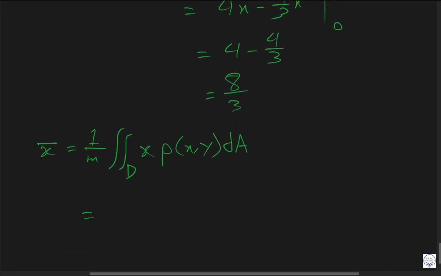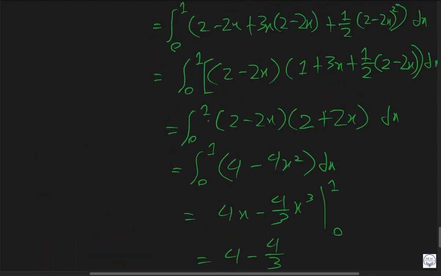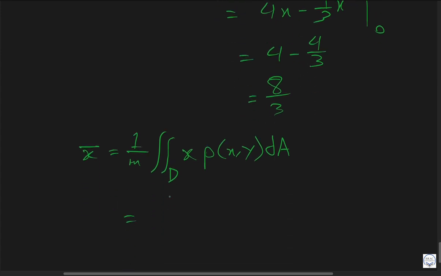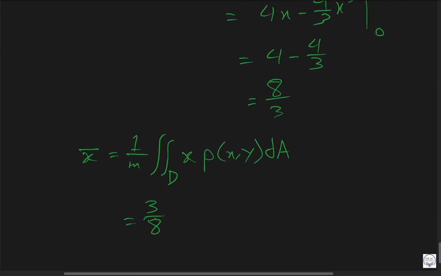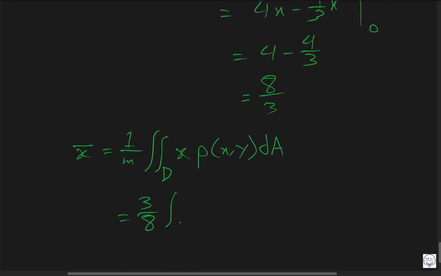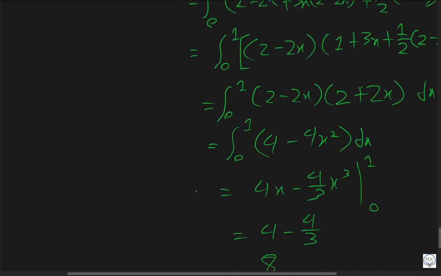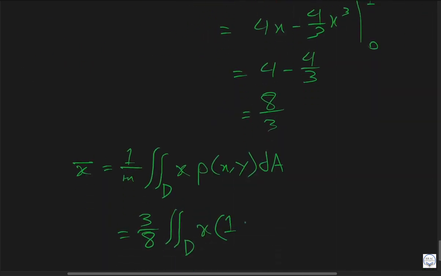Since m is what we calculated a while ago, 8 over 3, this will be 3 over 8 times the double integral x times rho. Rho is just 1 plus 3x plus y.